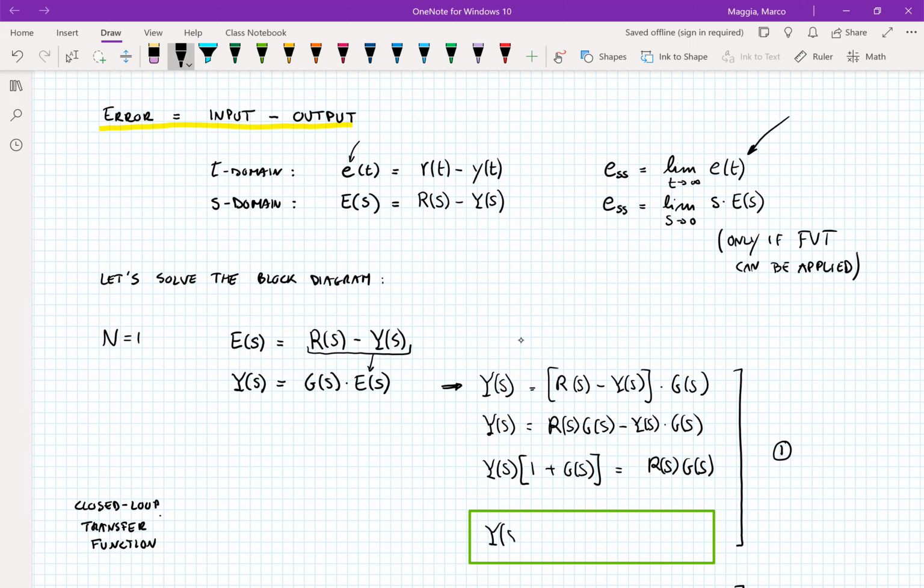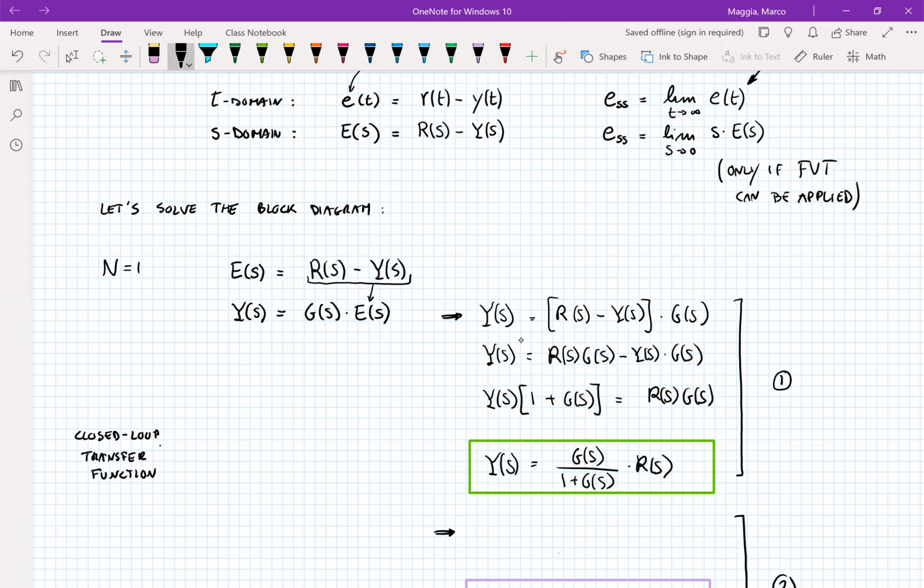And here we have the output as a function of the transfer function G and the input R.